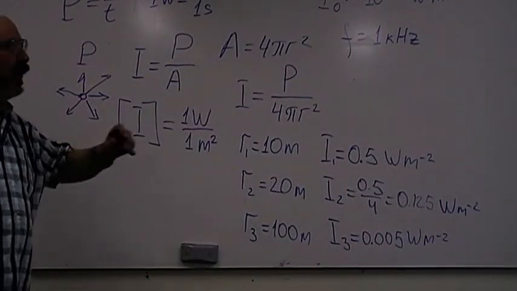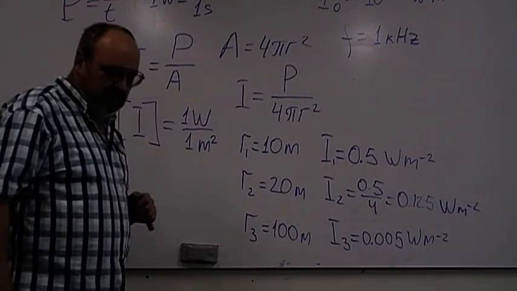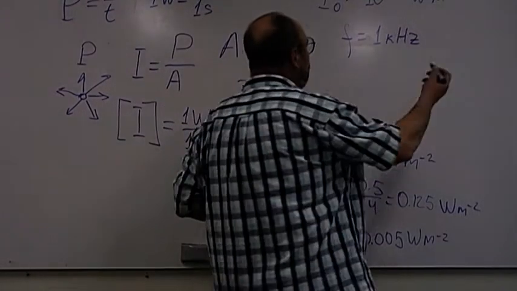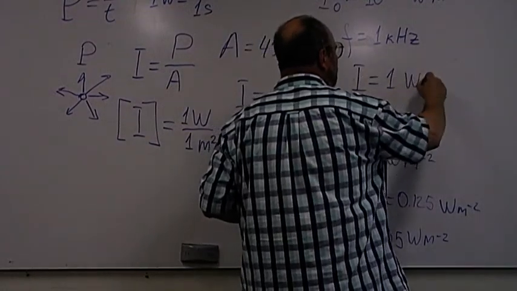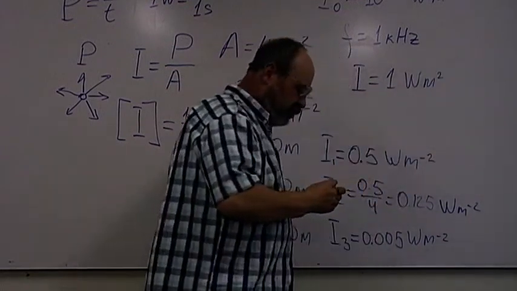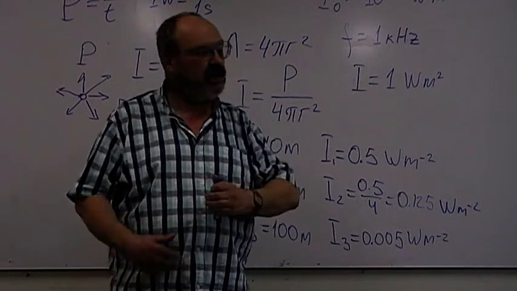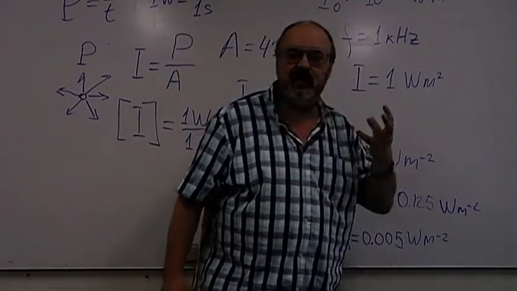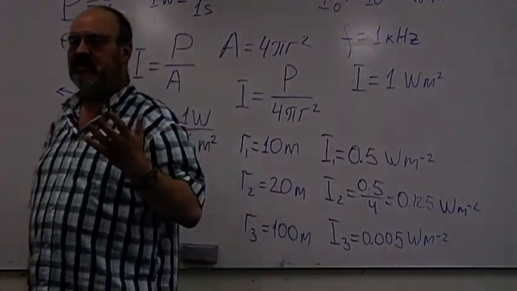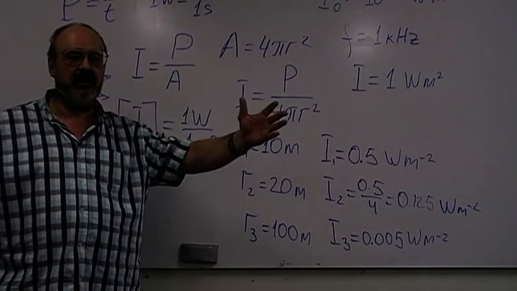Now, a sound with the intensity of 1 watt per meter squared will be painful. But you see how hugely different it is. 10 to the power of 12, 1 and 12 zeros. That's such a huge range.